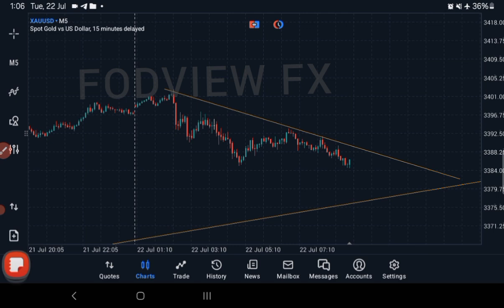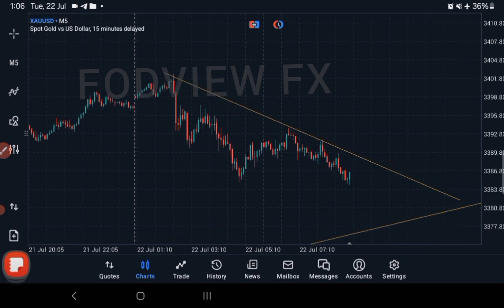This is it. Even here, you could have caught something on this lower time frame. But as a beginner, I will not encourage you to pursue the pullback. It might be very tricky for you. Go with the trend. It's still pulling back at this time.